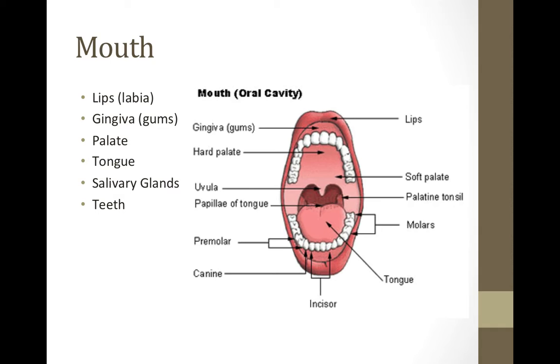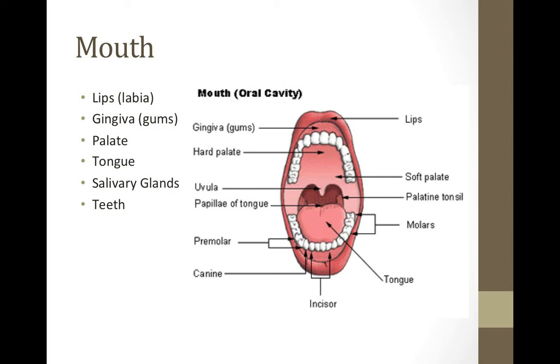So lips or labia, you have your gums or your gingivae. You have a palate. Remember, your palatine bones and maxillary bones make up the hard palate. And then there is a muscular portion posterior to the hard palate called the soft palate. But the palate is essentially the roof of your oral cavity.